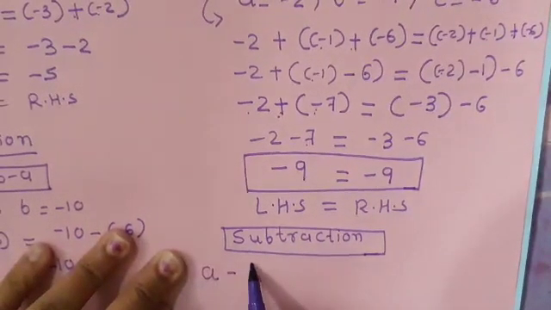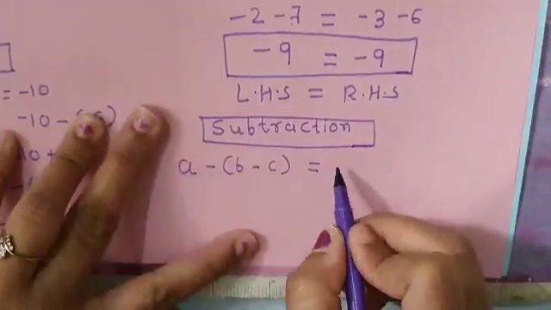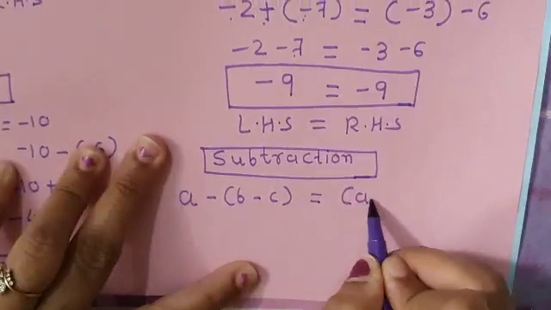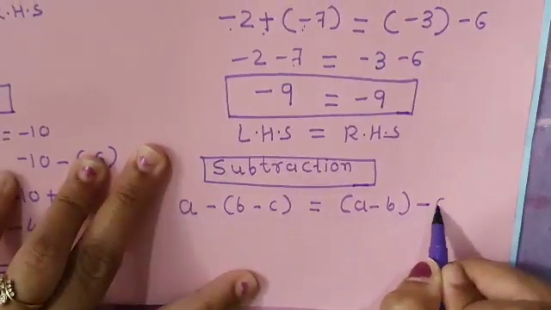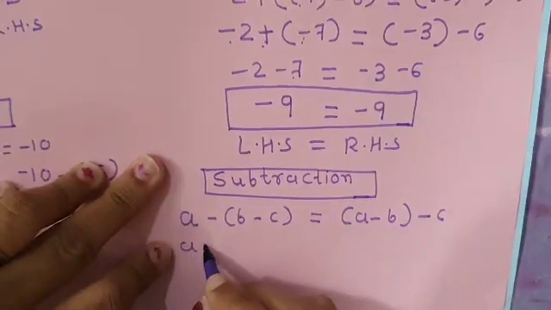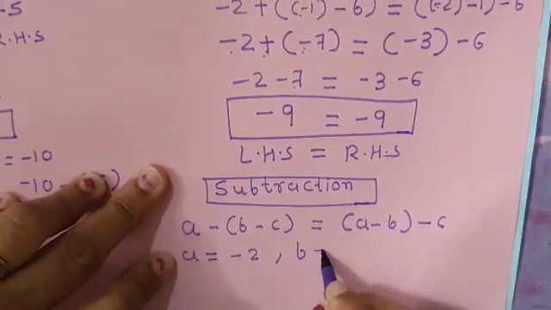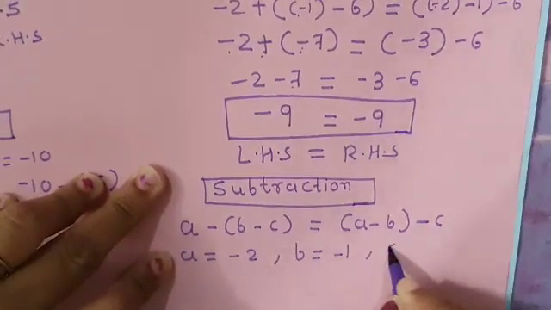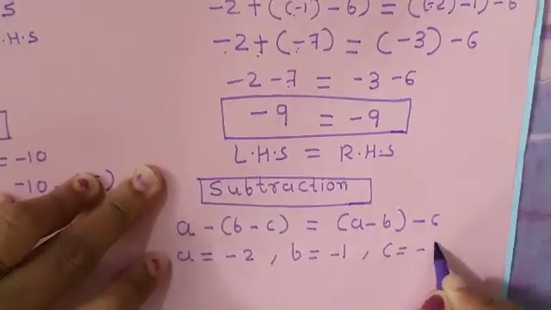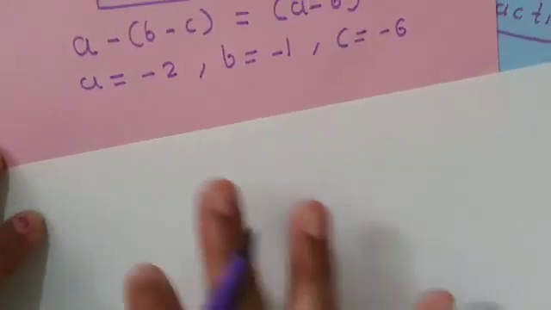A minus (B minus C) is equal to (A minus B) minus C. Now let's assign the values. A is equal to minus 2, B is equal to minus 1, C is equal to minus 6.